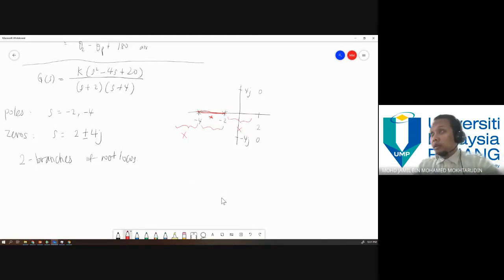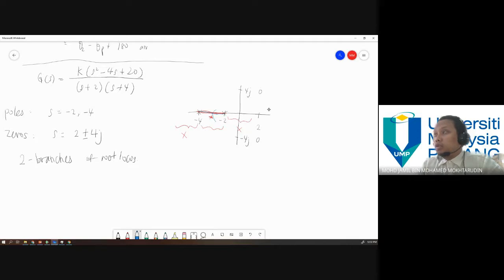So we can get a rough idea of what the shape will be. If you have done a lot of root locus sketches, you will be somewhat familiar with the shape of the root locus just by looking at the poles and zeros on the S plane. So here it will look something like coming out here, and then there will be a breakaway point here.